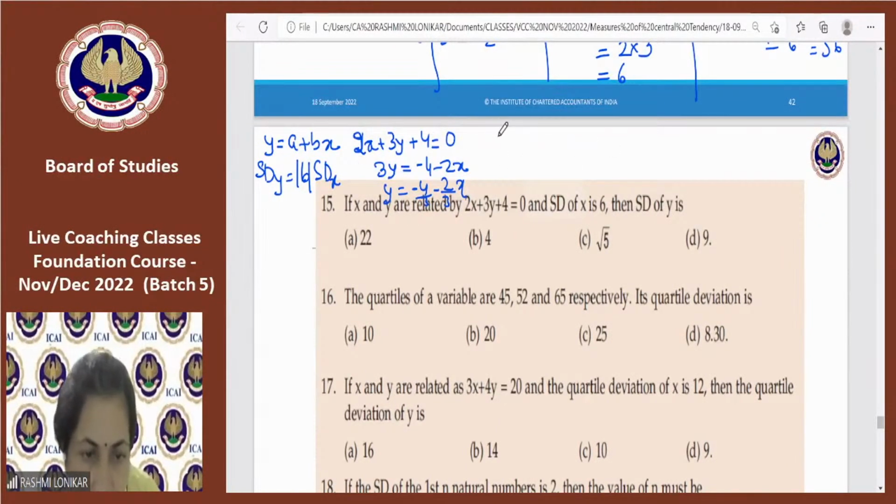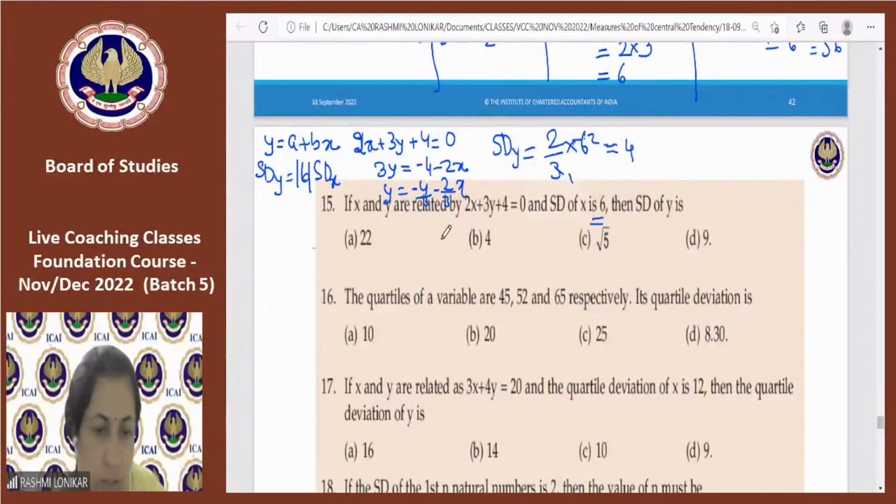What is the value of b? Minus 2 by 3. So it will become plus 2 by 3 because we are taking only the absolute value. 2 by 3 into standard deviation of x, which is given as 6. So 3 ones are 3, 3 twos are 6, answer is 4. So answer is 4.